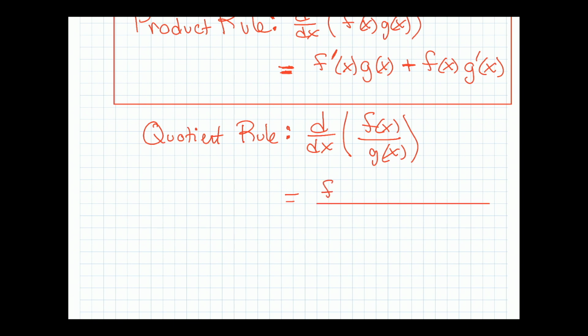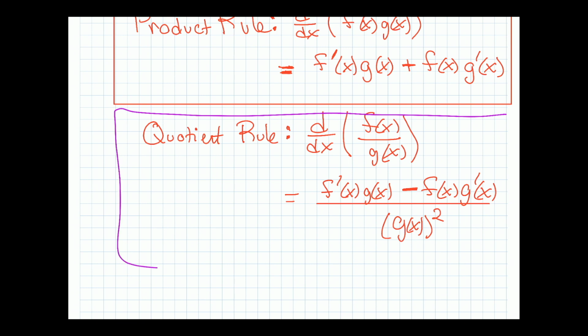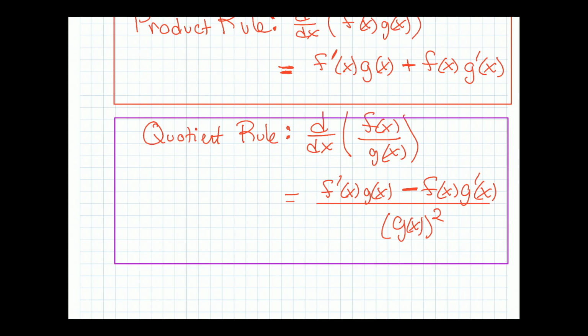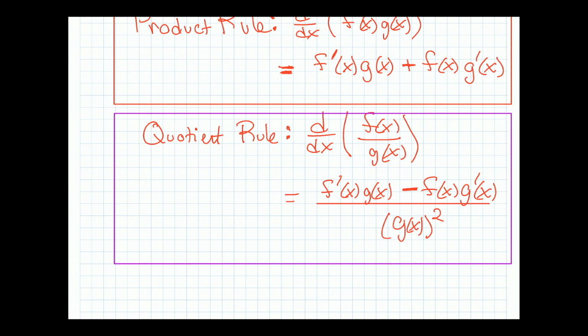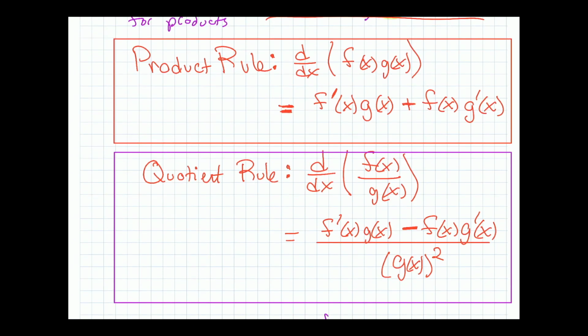It is f prime g minus f g prime over g squared. Okay, and that is the quotient rule. Just gonna box it in a different color. Why, I don't know. Make the boxes the same size though. Okay, so there they are. That's the product rule and that's the quotient rule.